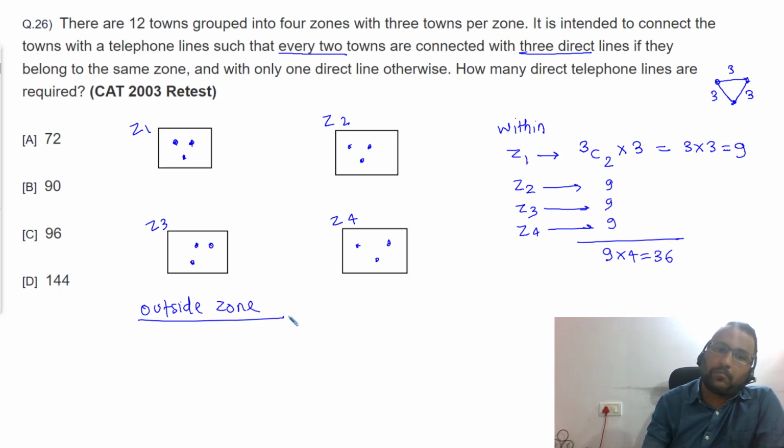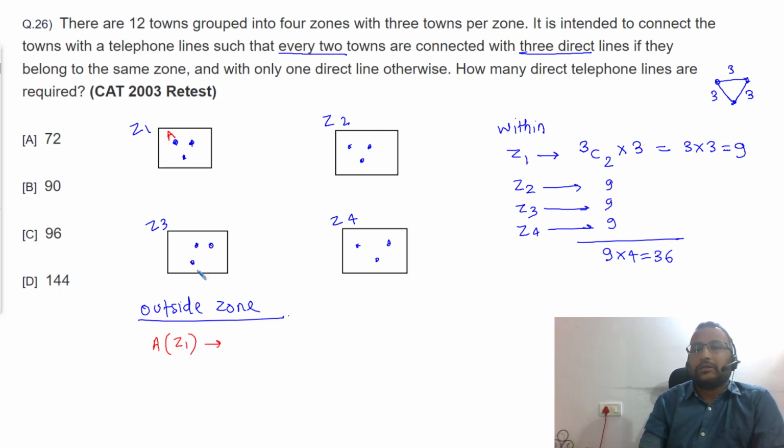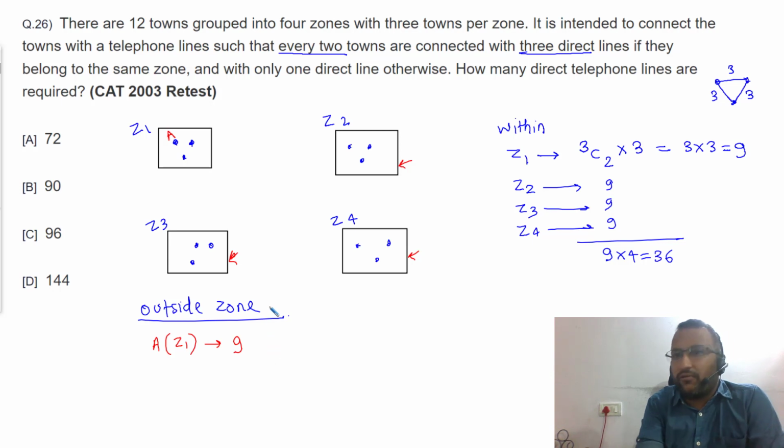So this town, let's call this town A, everyone. Let's talk about town A of zone 1. This town will get connected with 3 and 3, that is 9 towns, everyone, with a single line. So every town of zone 1 will have 9 direct lines with the towns of other zones.